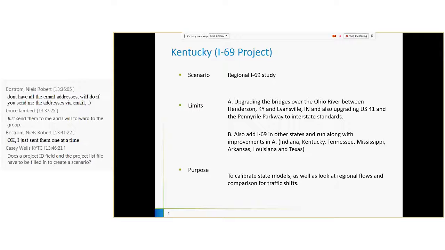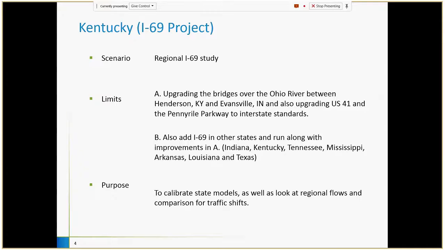Scenario B includes scenario A, but also includes upgrading various facilities to I-69 interstate standards from Indiana to Texas. The purpose of this is to calibrate state models as well as look at regional flows and comparisons for traffic shifts.